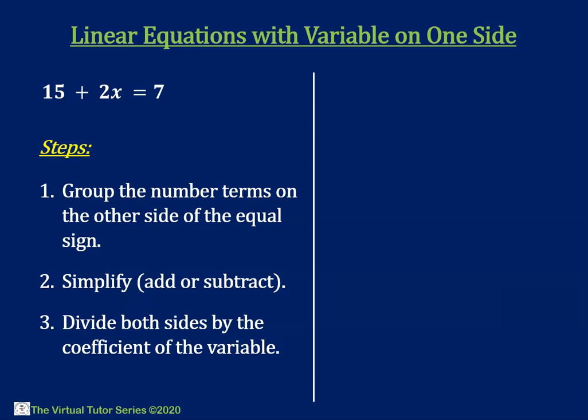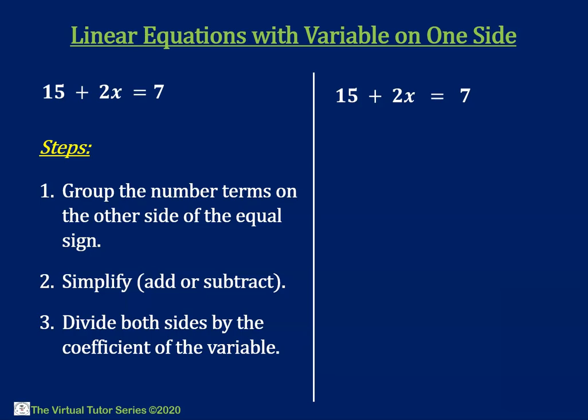Using these steps, let's see how the solution or root of the equation 15 plus 2x is equal to 7 can be found. The variable term is 2x, and the number terms are 15 and 7. So for the first step, we will maintain 2x at the left-hand side and move 15 to join 7 at the right-hand side.